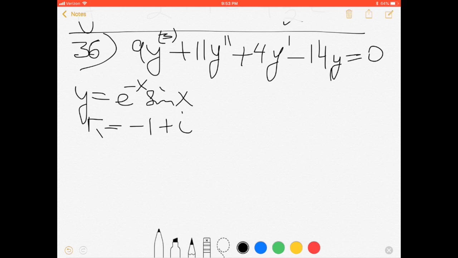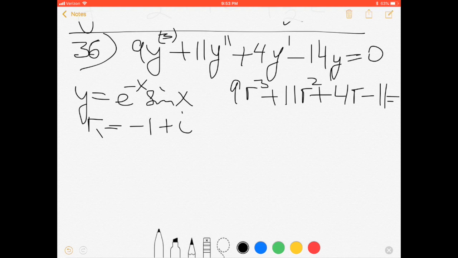Our characteristic polynomial will be 9r cubed plus 11r squared plus 4r minus 14 equals 0. Oh, not 11, it's 14.